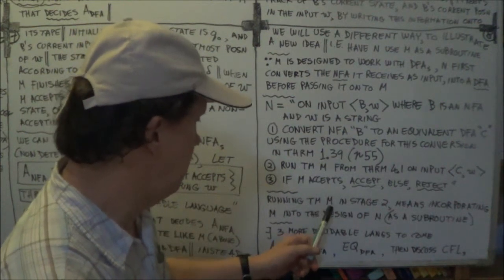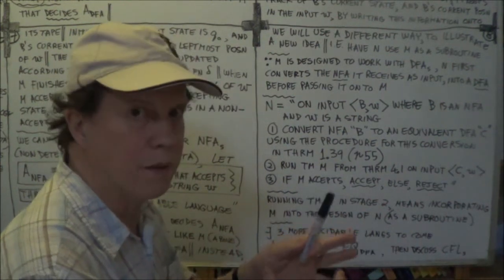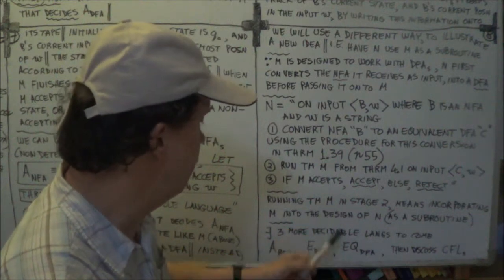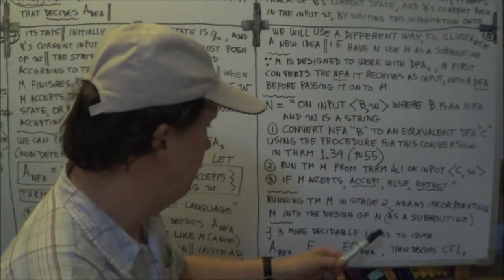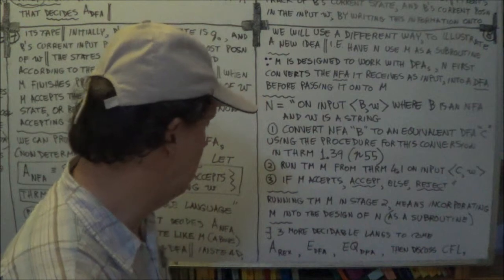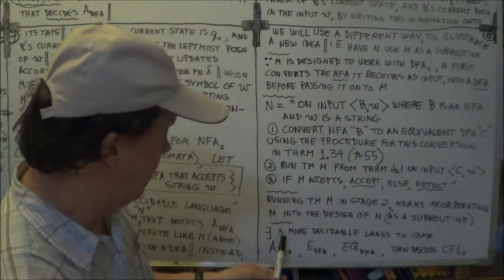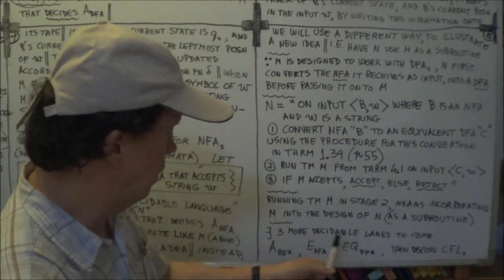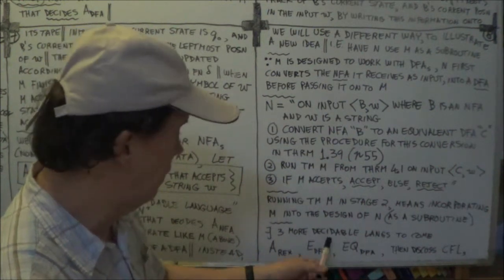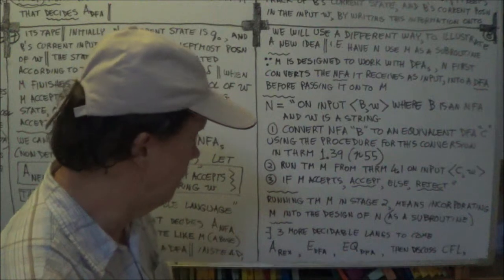So N will incorporate, contain in a sense, M. You're looking at M as a kind of subroutine. Now, a bit of a comment just to fill in the last little bit. The next board we'll discuss 3 more decidable languages.